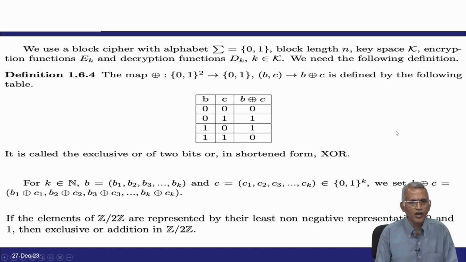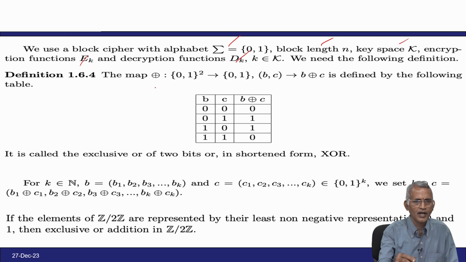Now, we use the block cipher with alphabet Σ equal to {0,1}, block length n, key space K, encryption E_k, and decryption D_k, k in K. We need the following definition. The map XOR from {0,1} two-tuples in the domain maps to {0,1} in the codomain.